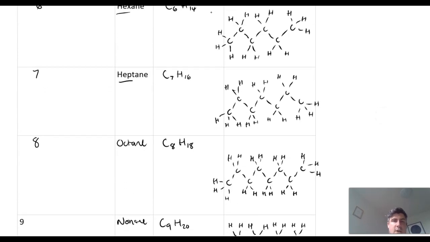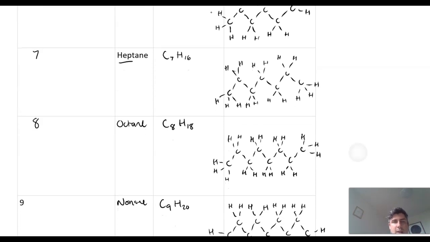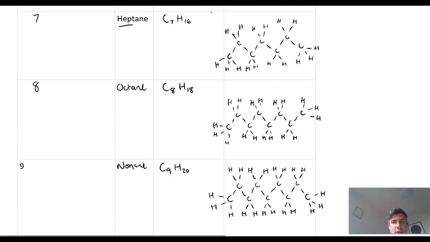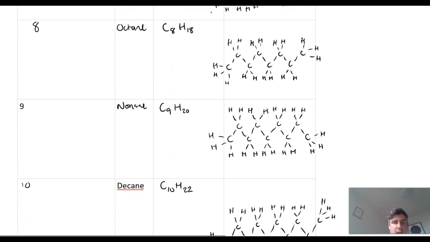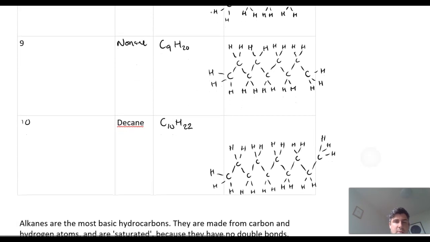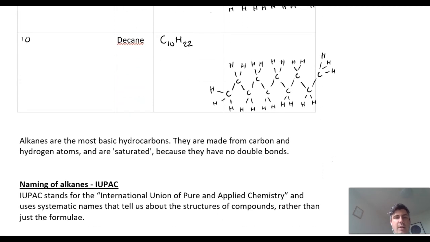And the number of hydrogens is always equal to 2 times the number of carbons plus 2. So the general formula for it, which we'll do in a minute, is CnH2n+2. So you can see here that every time we simply add a carbon on, fill it with hydrogens.